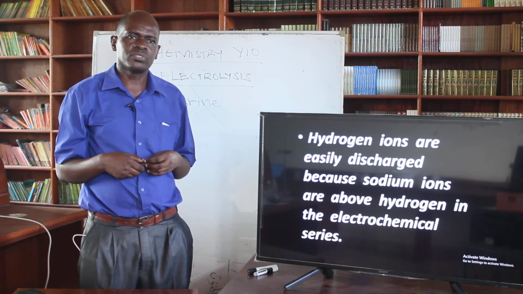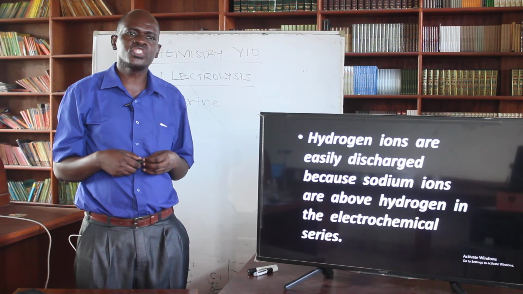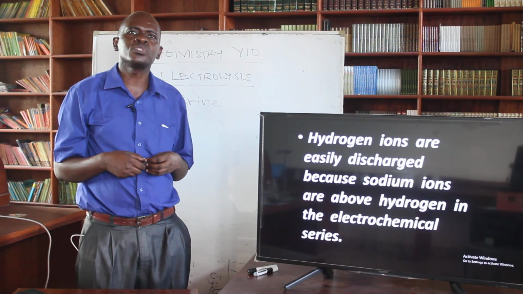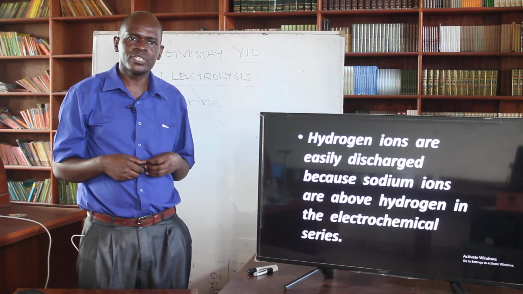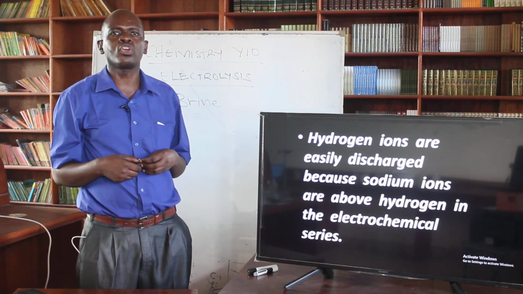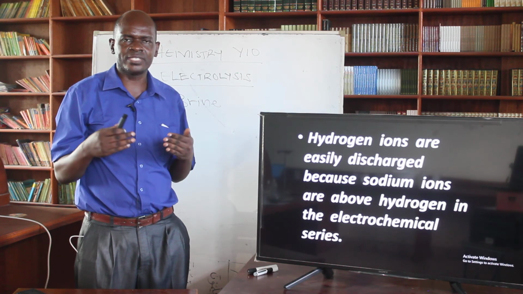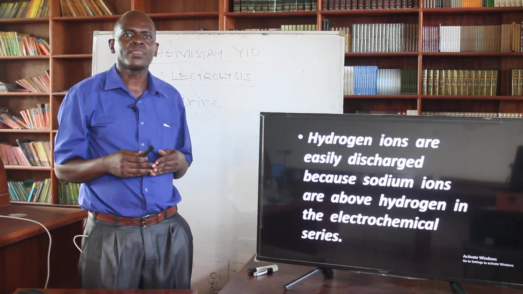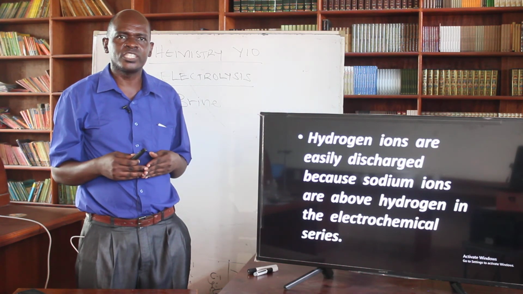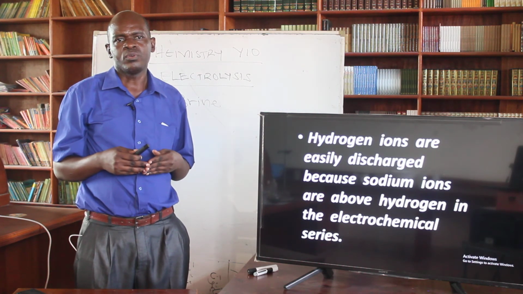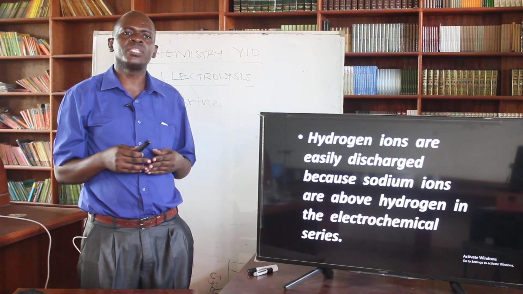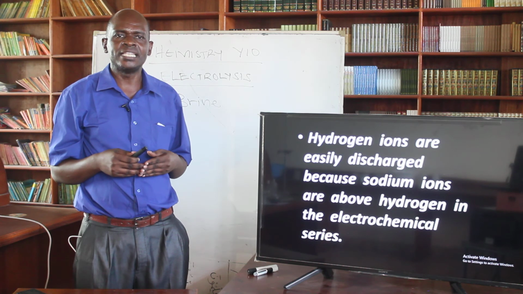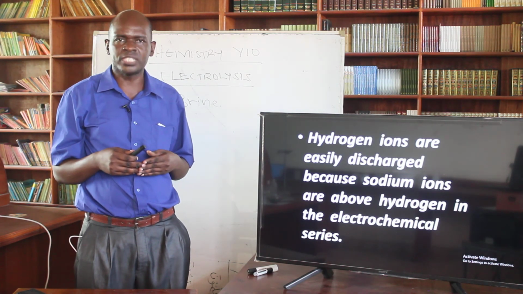The hydrogen ions are easily discharged because sodium ions are found above hydrogen ions in the electrochemical series. Of the 3 factors that affect the selective discharge of the ions, the one being used in this case is the location of the ion in the electrochemical series.